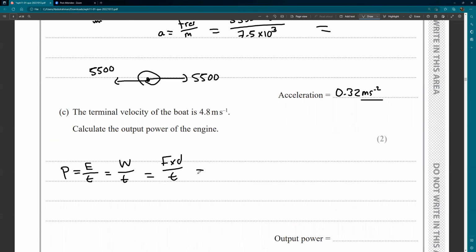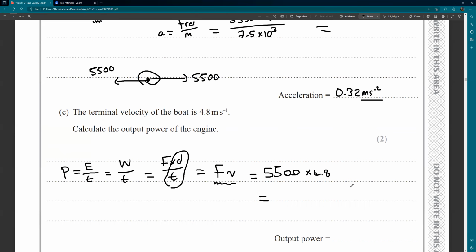And then you should also know that distance over time is the same as velocity, the terminal velocity that would be. So the power is equal to force times the terminal velocity. This is just the equation people tend to memorize anyway. So, what is the force? The force you have to apply to reach the terminal velocity is 5,500 newtons, and the terminal velocity is 4.8.